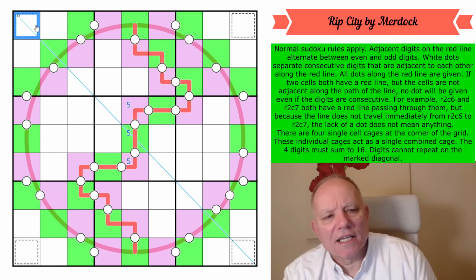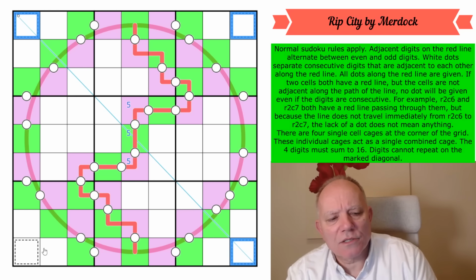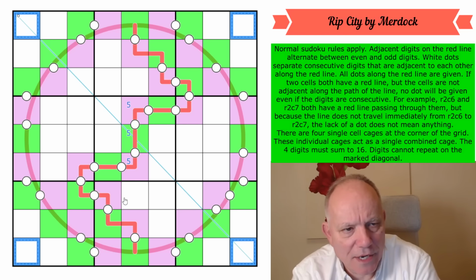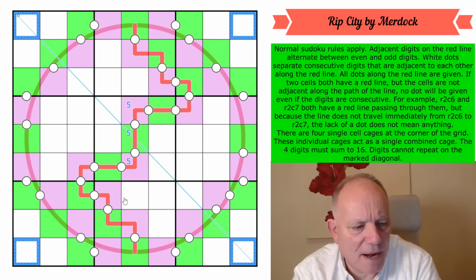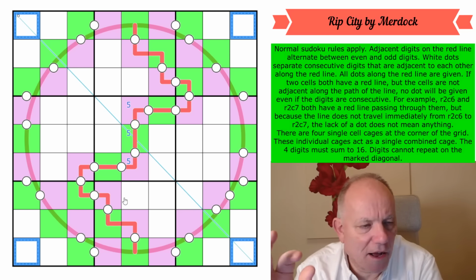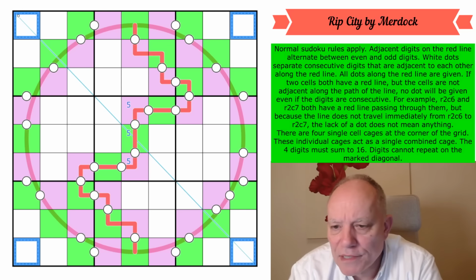The 16 cage, what does that do? That has 4 cells, and it has an equal number of odd and even cells, because when you add 2 of the same parity, you get even. If you add 2 of different parity, you get odd. So this doesn't have 1 odd or 3 odd in it. It either has 0, 2, or 4 odd in it. Well, actually, if it's obeying normal cage rules and digits can't repeat.